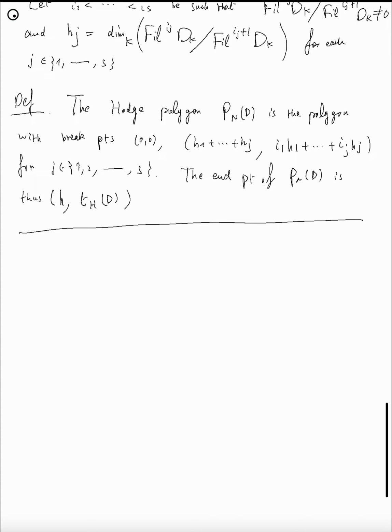And so you could also draw a picture of this. Very similar. Starting breaking point 0, 0, and then slope i1. So those breaking indices become the slope.